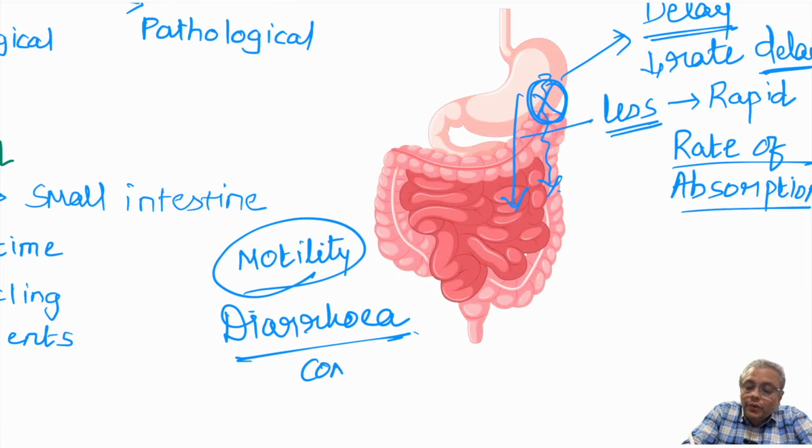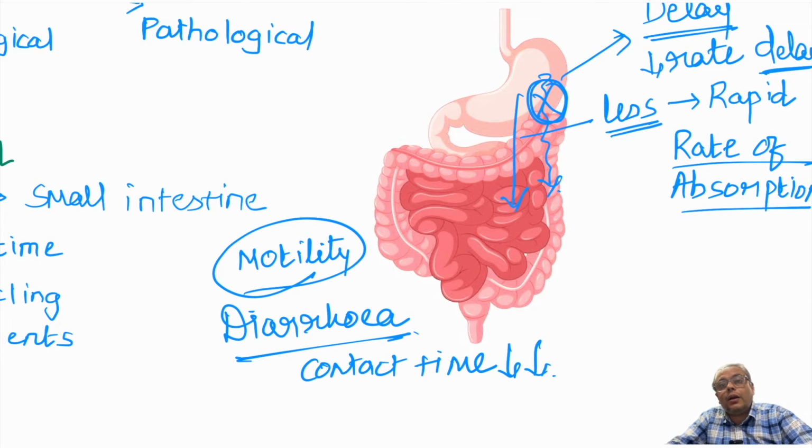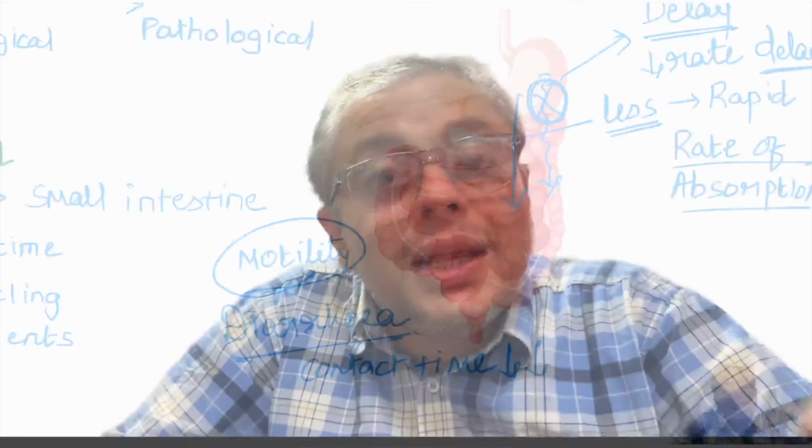The contact time for the absorption will significantly reduce. So any factor which increases the intestinal motility reduces the time for the absorption, and that's why the net absorption is going to be reduced.